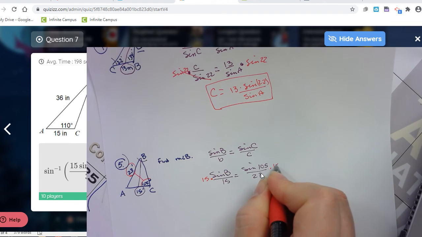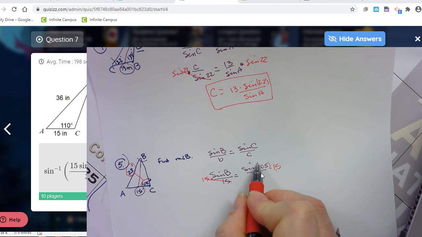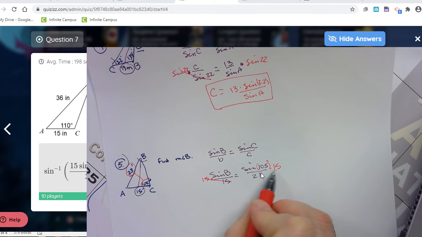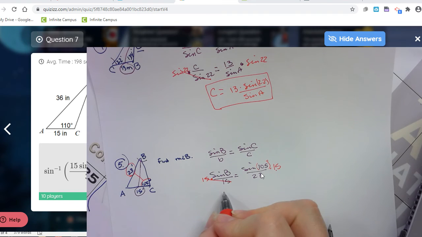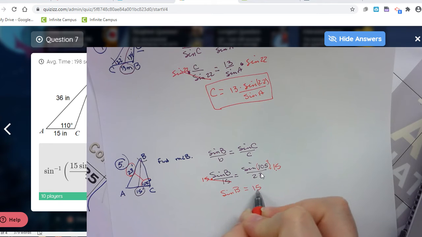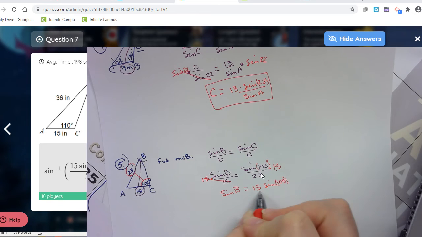And believe it or not, I'm almost there. Now, I don't like putting 15 on the back because of this degree measure. I don't want to multiply 15 times 105. I want 15 times the sine of 105. So sine of B is equal to 15 sine 105 all over 23.